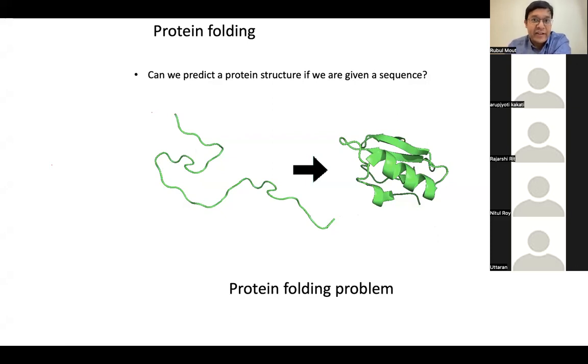Each atom can interact with other atoms in different ways, and they all have their own energetics. Because of that, it is extremely challenging to understand the protein folding process. If you are given a random sequence and asked to tell the final three-dimensional shape, it was extremely challenging.